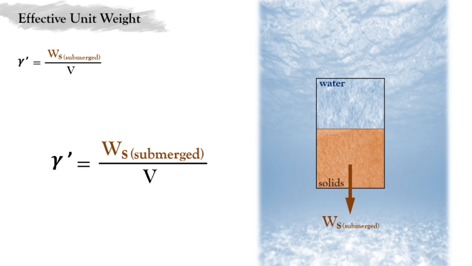So, paano natin makukuha yung value ng W sub S submerged? That is just the difference between the weight of the soil solids in air and the buoyant force. So that is W sub S minus yung buoyant force natin, which is expressed as the product between the unit weight of water and the volume of the soil solids.